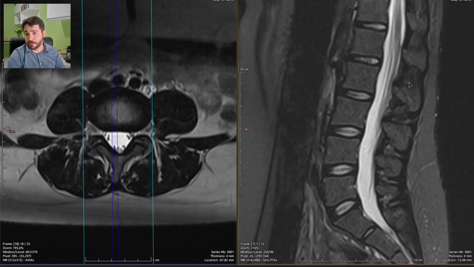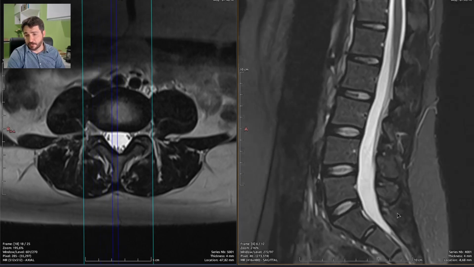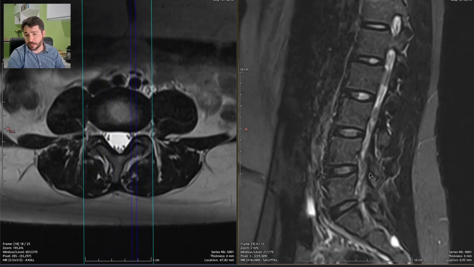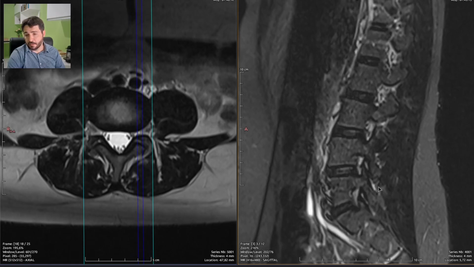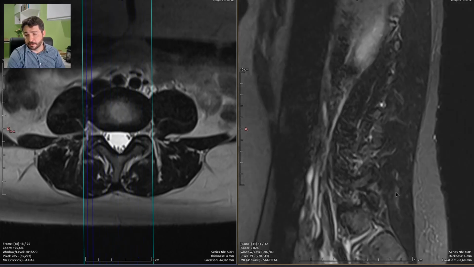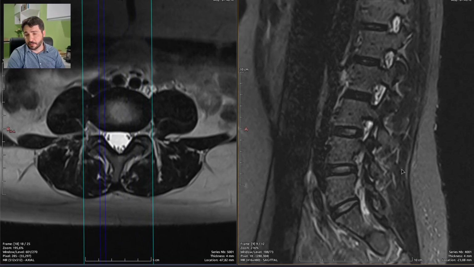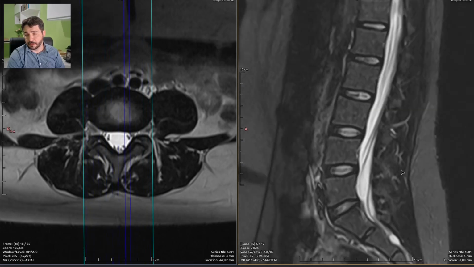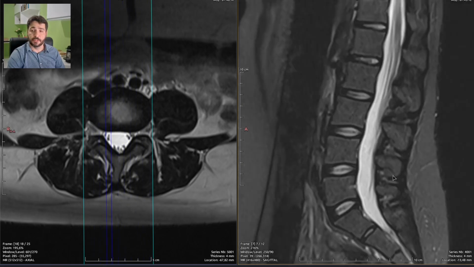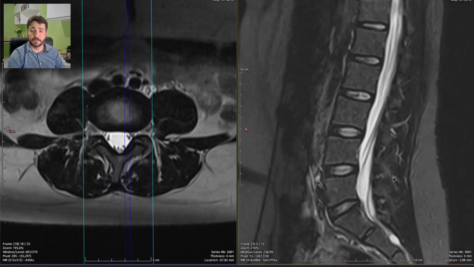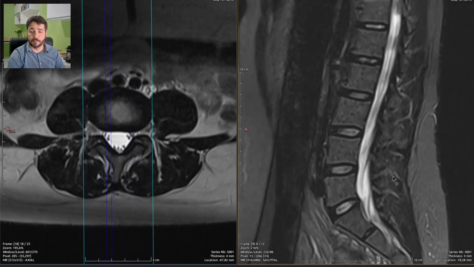There is no inflammatory sign on the posterior ligaments, nor is there any sign of synovitis of the facet joints, which could justify painful symptoms. There is also no sign of bone edema, which is very uncommon.